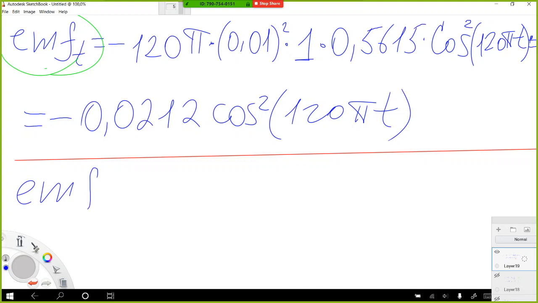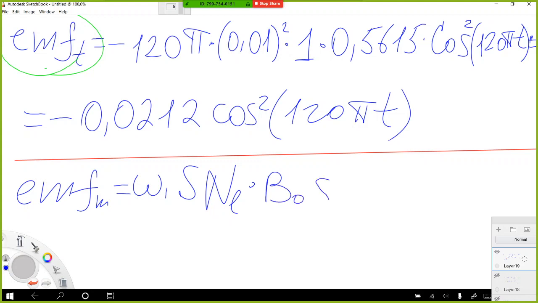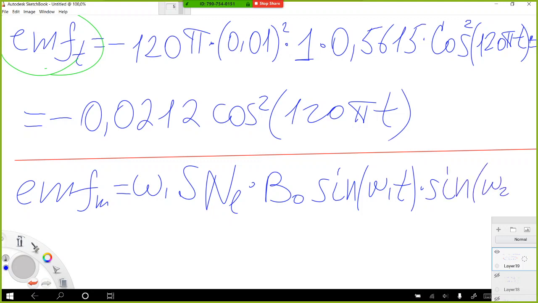Electromotive force due to the motion action is more or less similar, but we have omega 1, S and N multiplied by B0, and instead of cosine, now we have sine omega 1t multiplied by sine omega 2t.